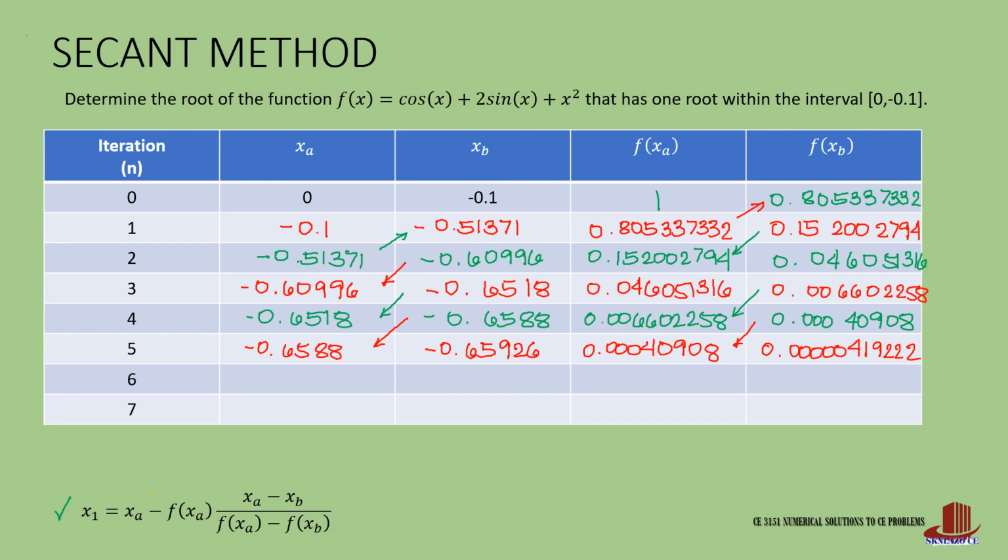If we move further, then we get the same thing for the function, and compute for x sub b. And also its function.